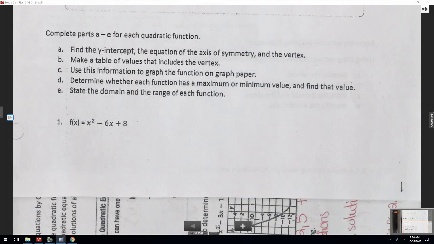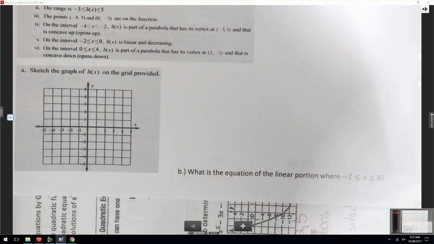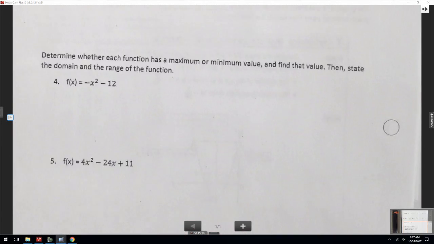The x value that you just found was 3. You just can't put your x in with it. All right, here we go, guys. Number 2.